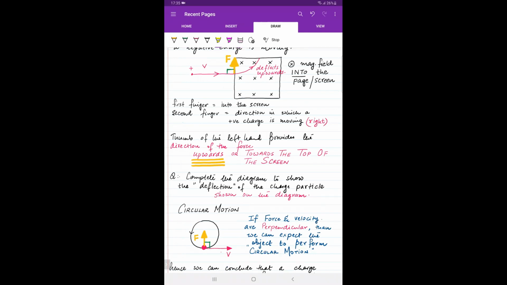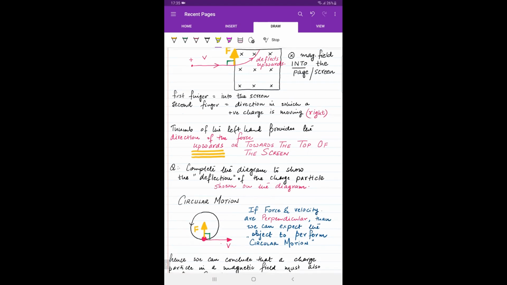मैंने conclusion slide पे लिखा हुआ है. तो पहले तो स्टेटमेंट पढ़ लीजिएगा क्या लिखा है. So my basic statement is, if force and velocity are perpendicular, then we can expect the object to perform circular motion. Fair enough. ठीक है ना? This wording is for this diagram.